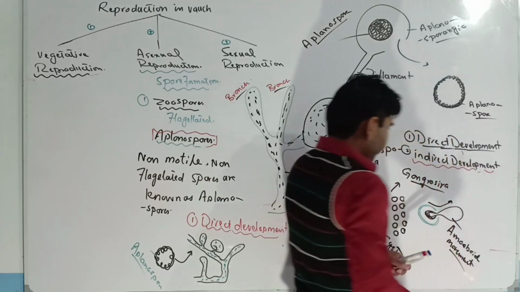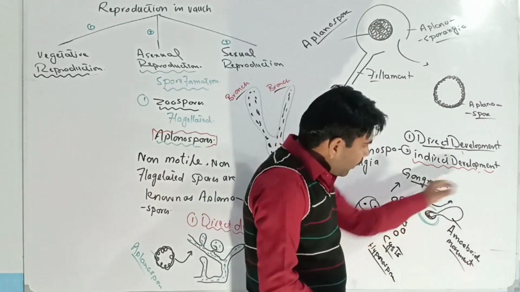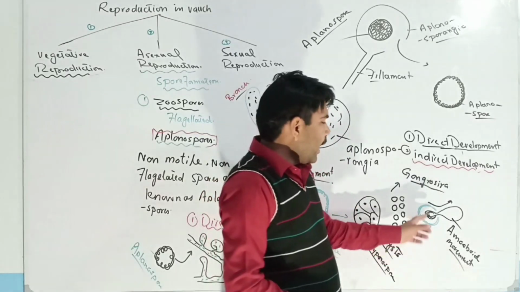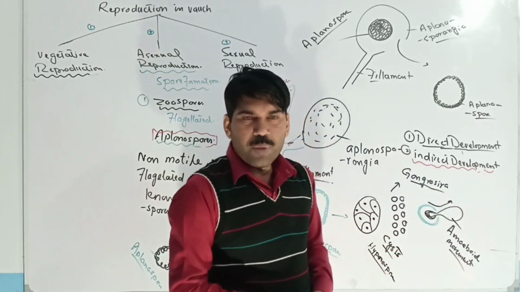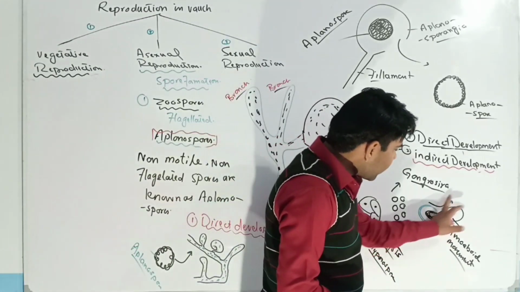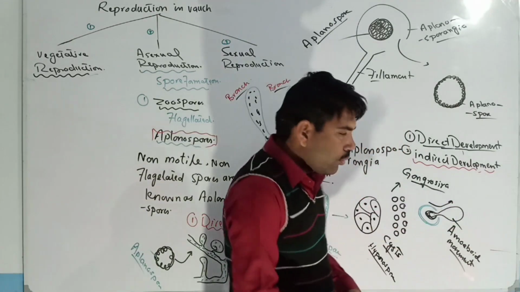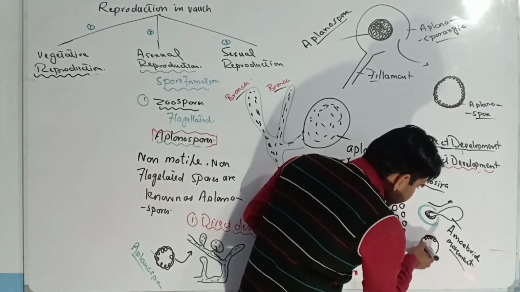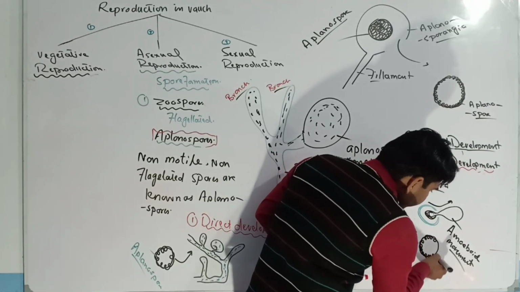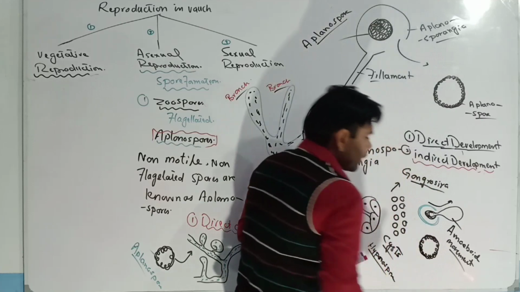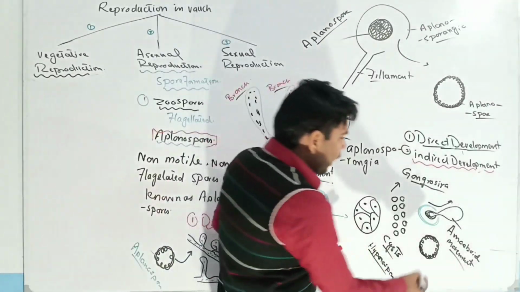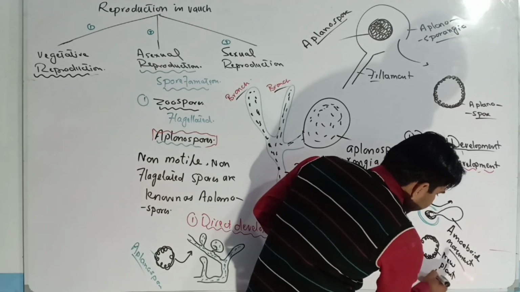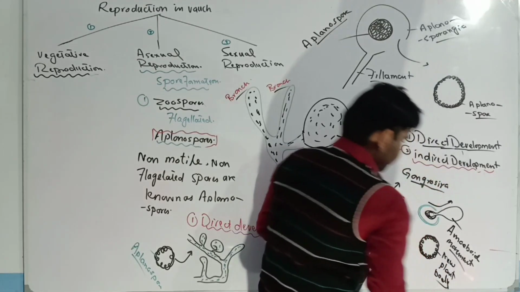When the protoplast comes out, it will also secrete a thick layer around it, but after some time it can germinate and produce a new plant body of a Vaucheria.